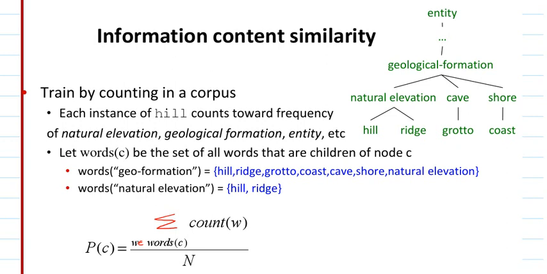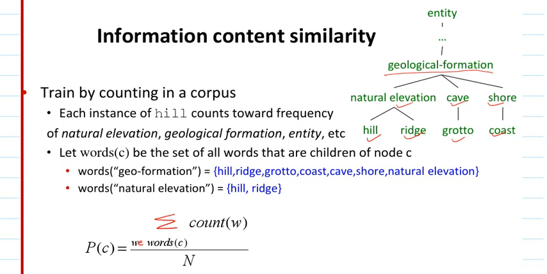So the concept natural elevation has the words hill and ridge, right? Natural elevation is a concept, and the nouns or the words are hill and ridge. Similarly, we have geoformation. So this geoformation has hill, ridge, grotto, coast, cave, shore, and natural elevation. All these are the words of geoformation.